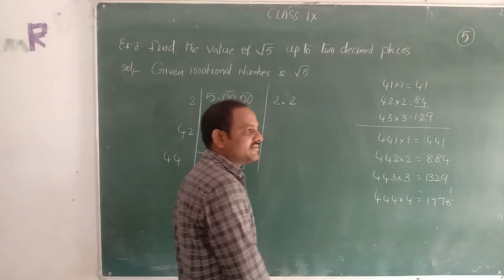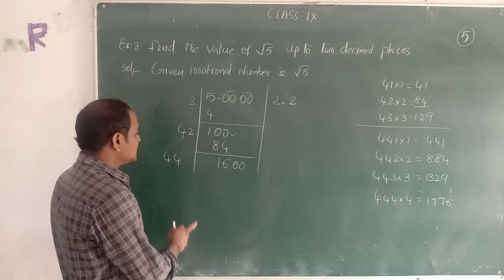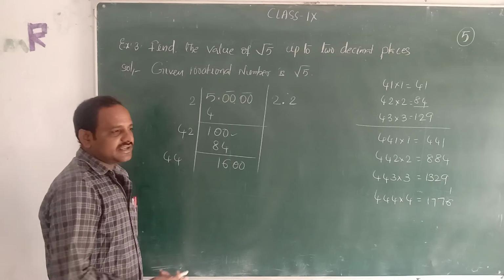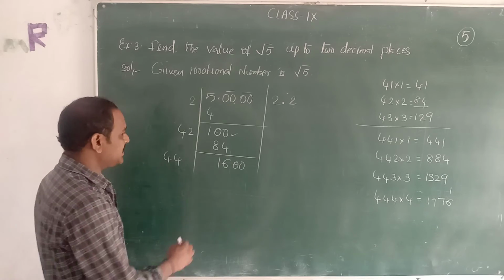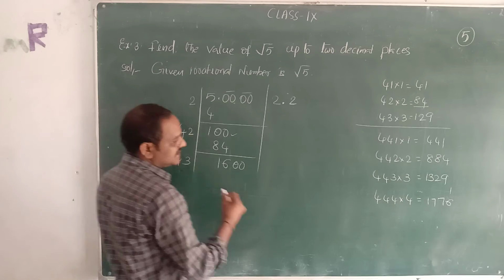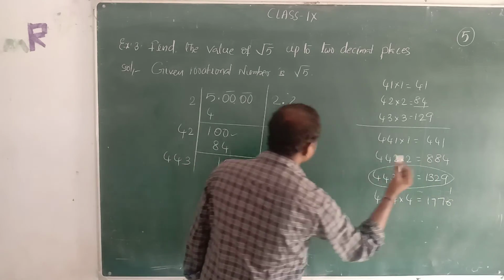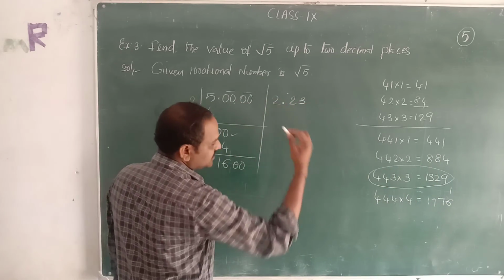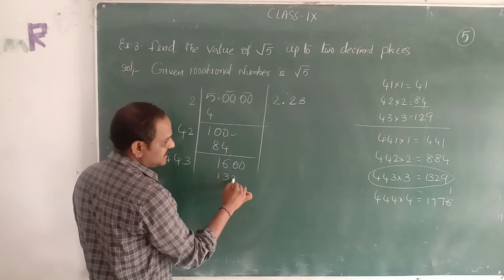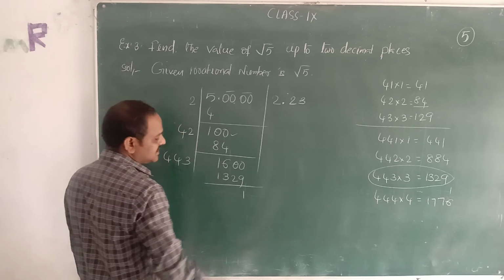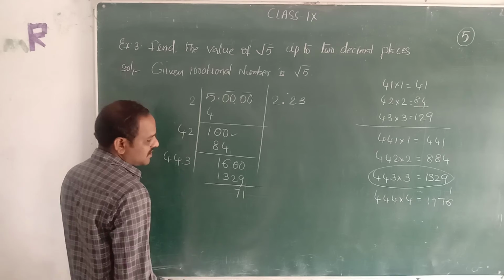So 1776, which is greater than 1600. So how many times is possible? 443 3 times, how much will you get? 1329. By doing subtraction here, we will get how much?